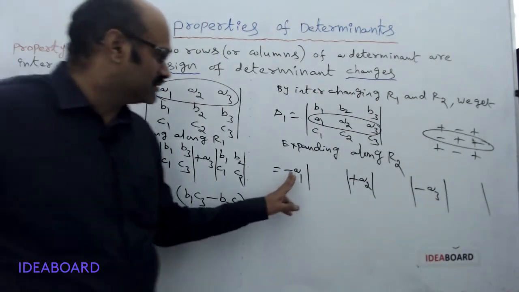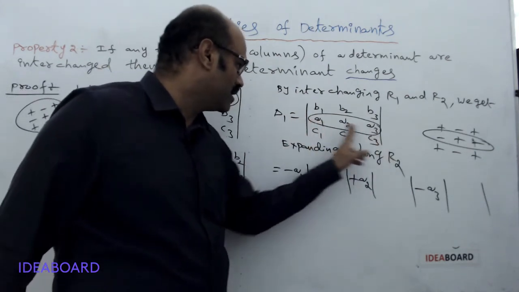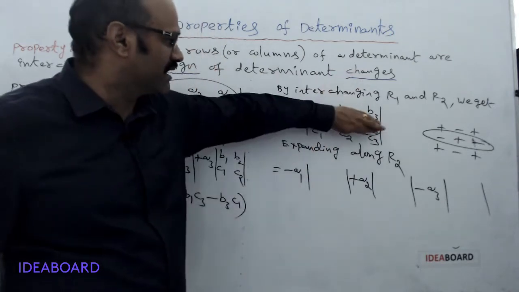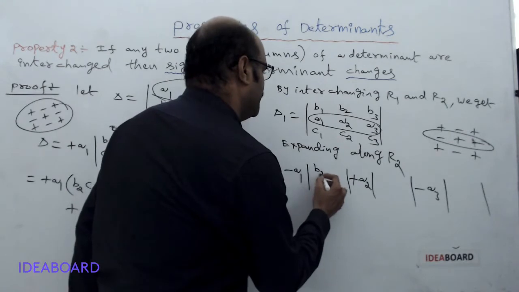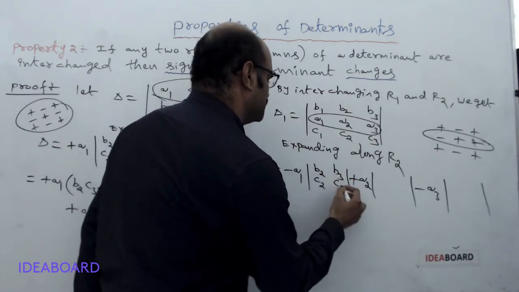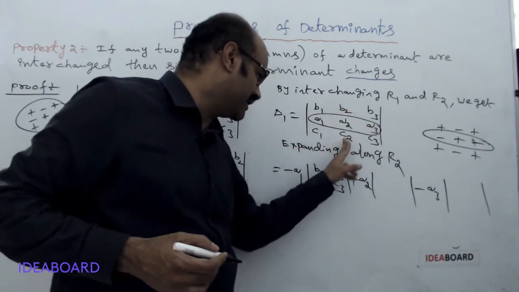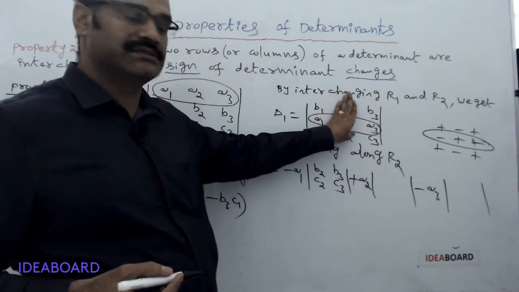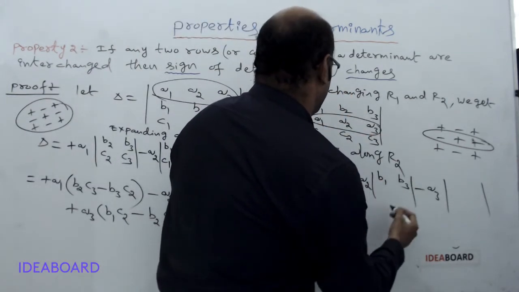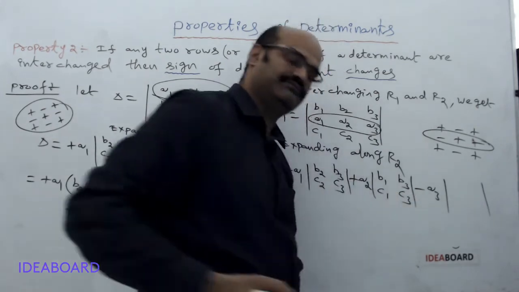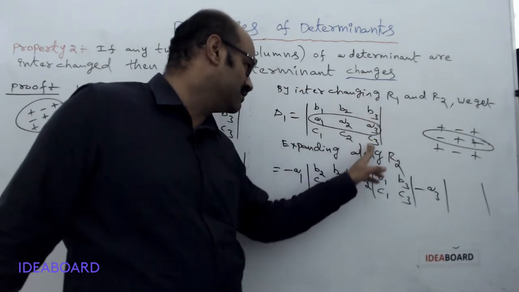The element A1 lies in the second row and first column, so close the second row and first column. Then we have the 4 elements B2, B3, C2, C3. Now A2 lies in the second row and second column. Close this, then we have the 4 elements B1, B3, C1, C3. Minus A3, which lies in the second row and third column.